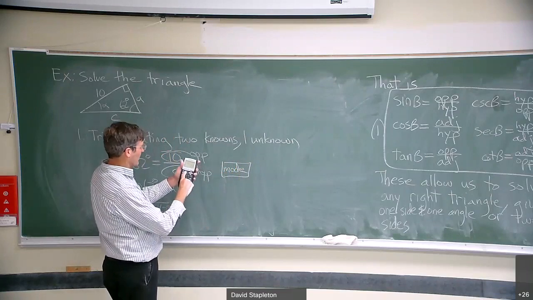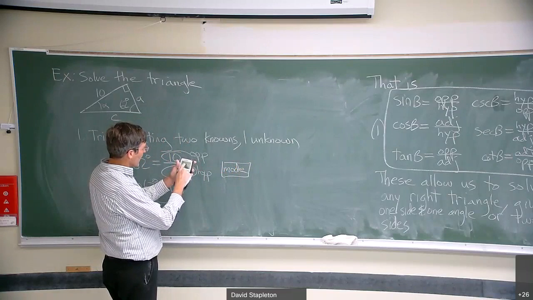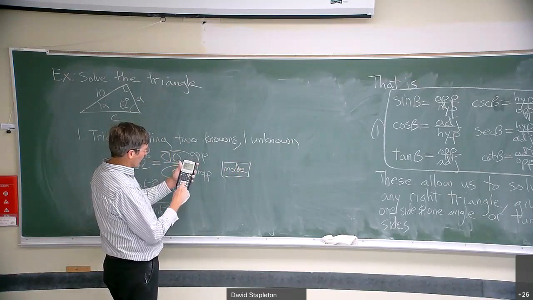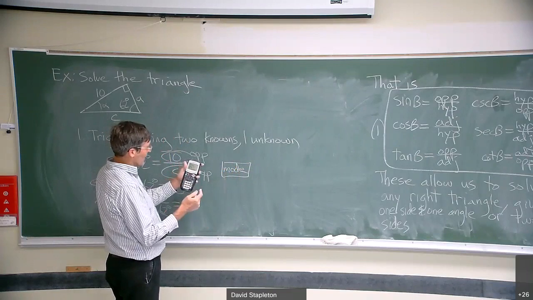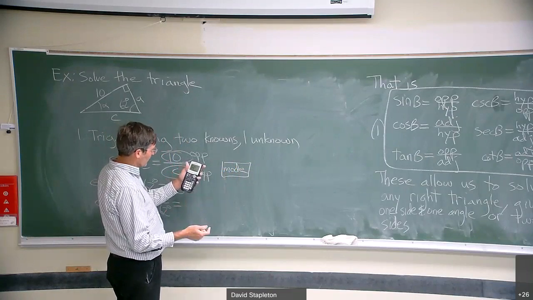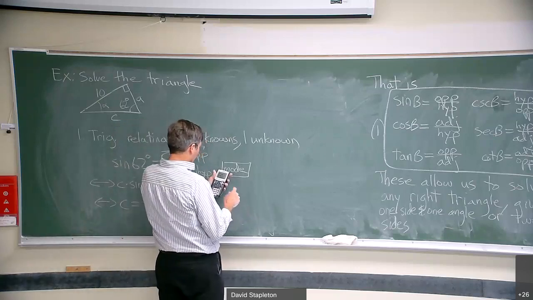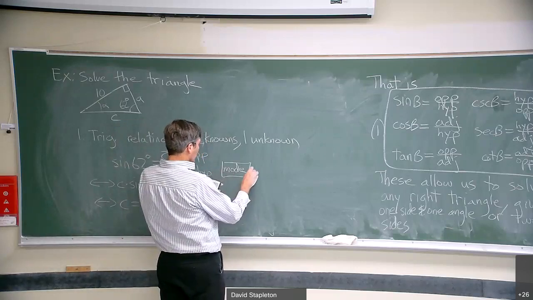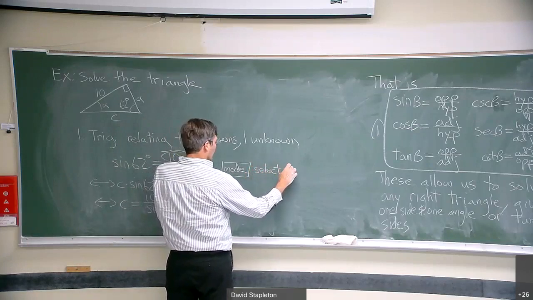So mode is up here on my calculator. And then if it's not got degrees highlighted already, then I arrow down. There's a whole bunch of things you can set, right? You can set the number of digits to display, and there's a clock on here and everything else. But I'll arrow down and select degree.